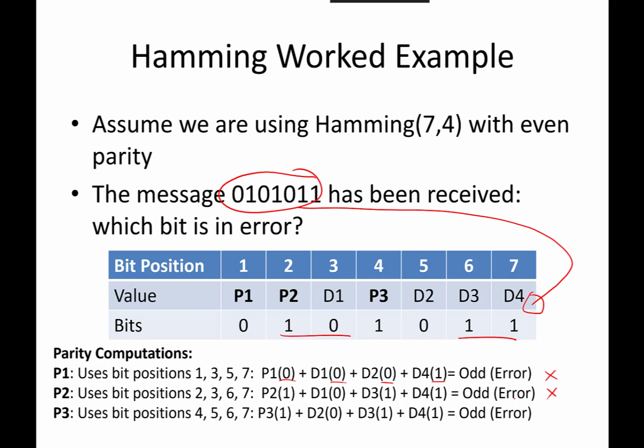That's an error as well. And finally, if we take these last 3, 1, 0, 0, 0, 1, 0, 1, 1, that's odd as well. So which one's in common between all of these? Well, it's this one here, bit 7. So D4, or bit 7, is the one that's in error.